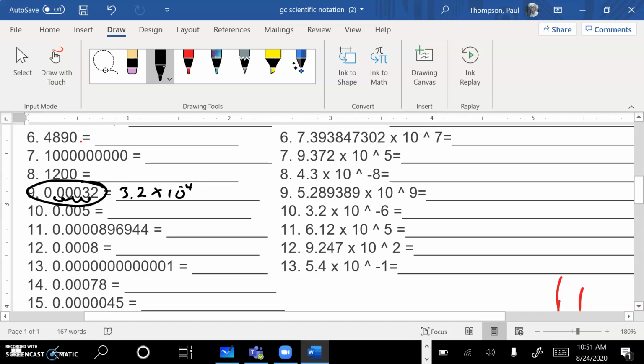Let's do number 13. So number 13, the decimal is over here, and you want to get it way over here. So let's count the spaces. 1, 2, 3, 4, 5, 6, 7, 8, 9, 10, 11, 12, 13. So the new number is 1.0, and I counted 13 spaces over.